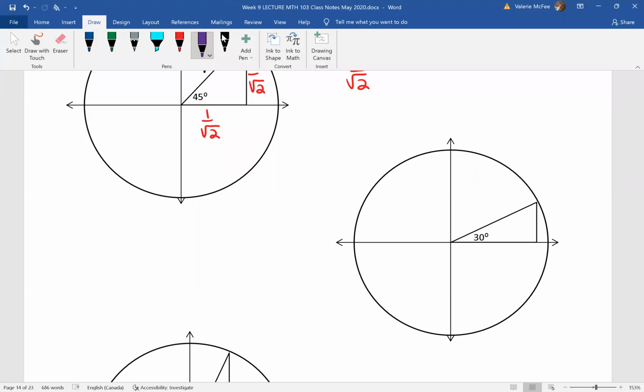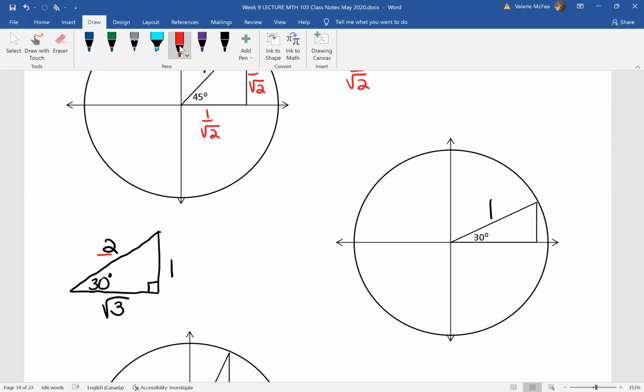We can do the same thing with our 30-degree triangle. Let's think about the original triangle that we looked at. We said that opposite 30 degrees is 1, the hypotenuse is 2, and x is √3. But we're looking at a point on the unit circle, so the hypotenuse, or the radius, is 1.